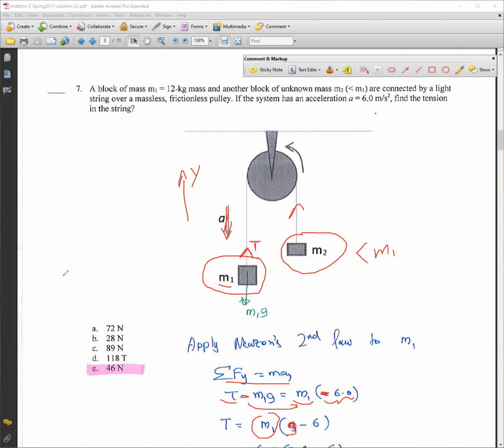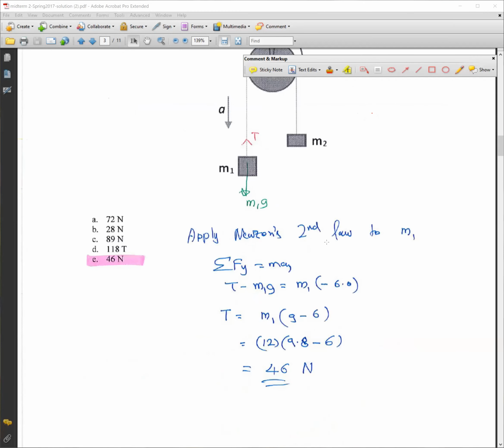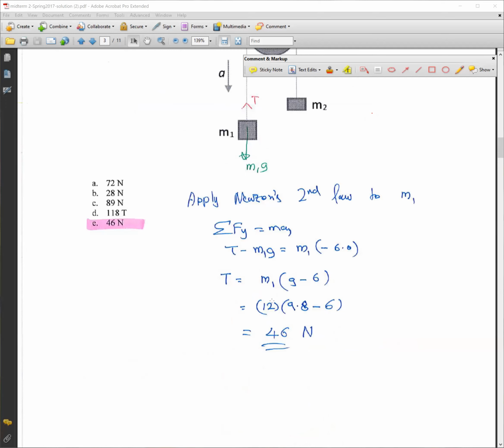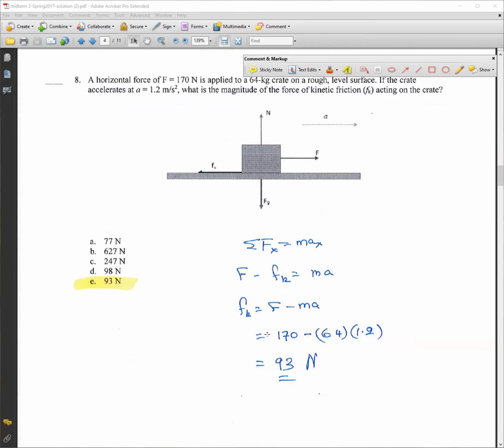Okay, now the rest is easy. Just plug in the numbers corresponding to the mass, 12 kilograms, and G, 9.8, and you get your tension equal to 46 newtons.